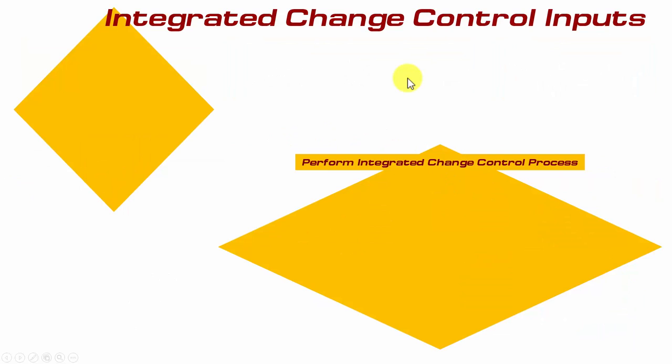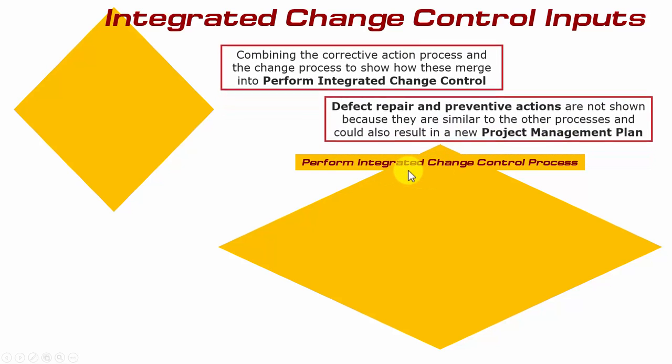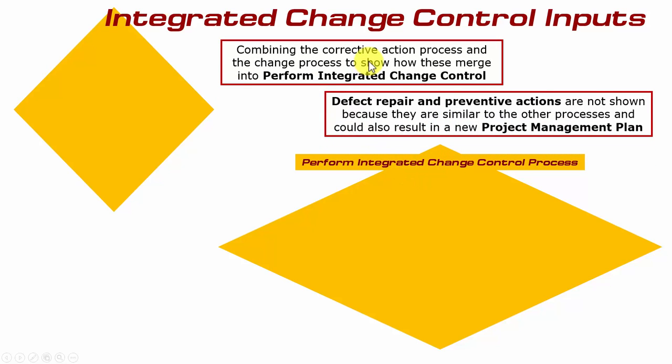So let's now look at how those particular types of change fit into the Perform Integrated Change Control process itself. Now, combining the corrective action processes and the change processes in order to show how these merge into the Perform Integrated Change Control process. Defect repair and preventative actions are not shown here because they're similar to the other processes and could also result in a new version of the project management plan.